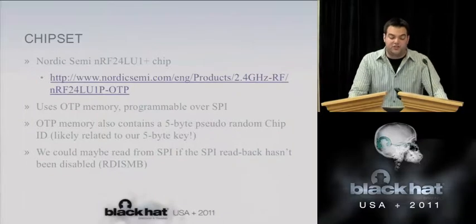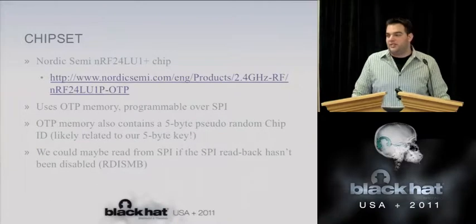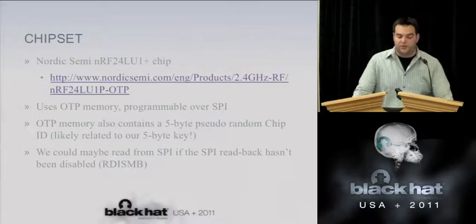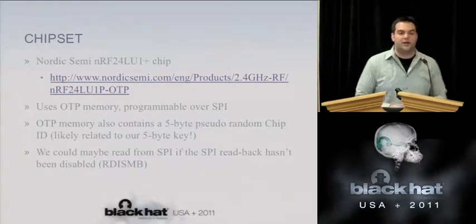But one of the interesting features it has is one-time programmable memory. And you can almost assume this is exactly where that serial number is being stored. And this memory is programmable over a SPI bus. So you hook up to a couple of pins, you hit one pin to set into programming mode, and you can read and write this one-time programmable memory over the SPI bus.